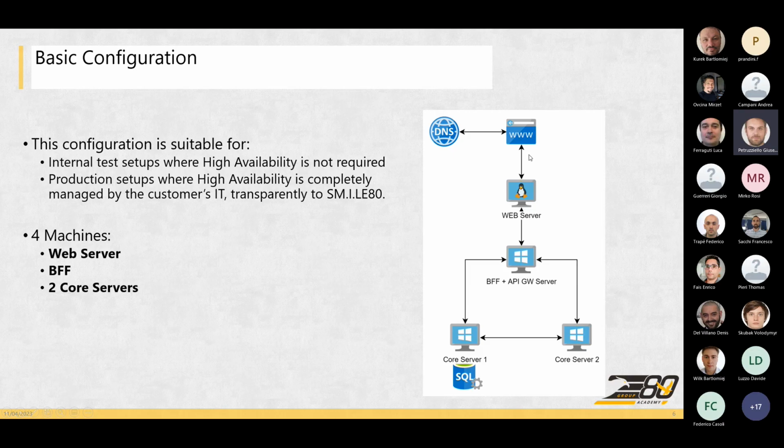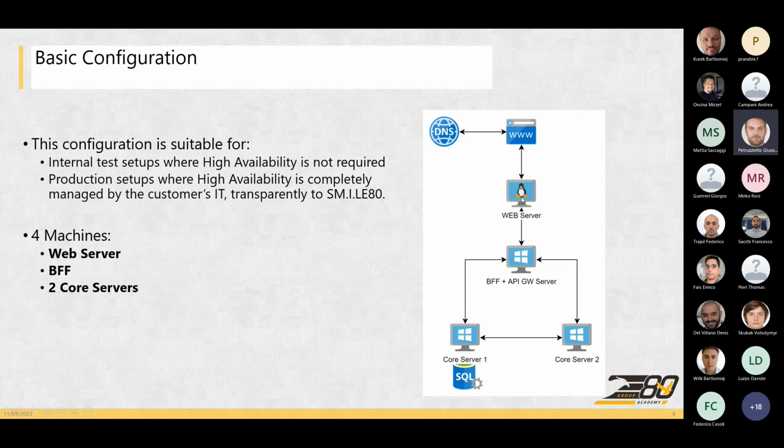So the scope in this case is to download the dashboard web. In the dashboard web, I have all the information about the paths necessary to invoke the API and other information. And so all requests that start from the web browser pass through the Nginx and then go to the BFF.